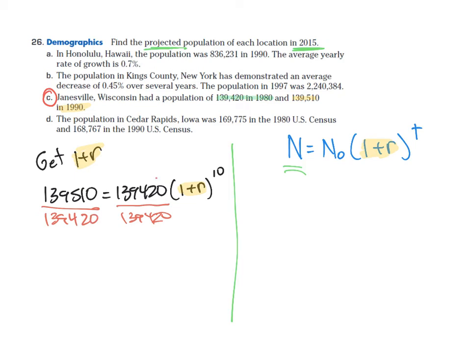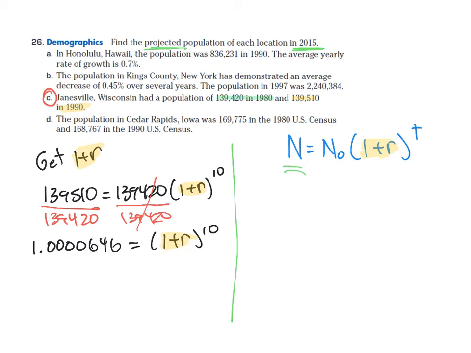So this one's gone. And on the other side, when we divide these, this is a very interesting number. It is 1.000006446. And that's going to equal (1 plus r) to the 10th power. Now remember, we're trying to get the 1 plus r, but we don't want that 10th power there.